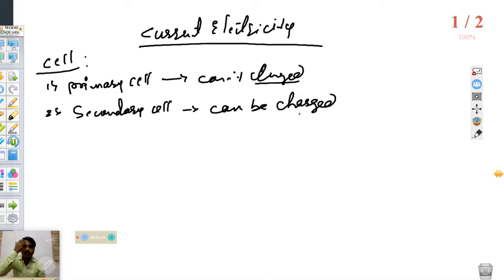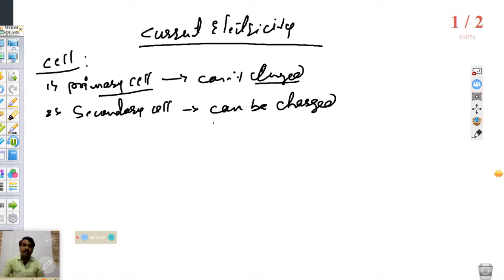For example, acid batteries, which are used for inverters, can be charged repeatedly, whereas primary cells cannot. The voltaic cells are all examples of primary cells.